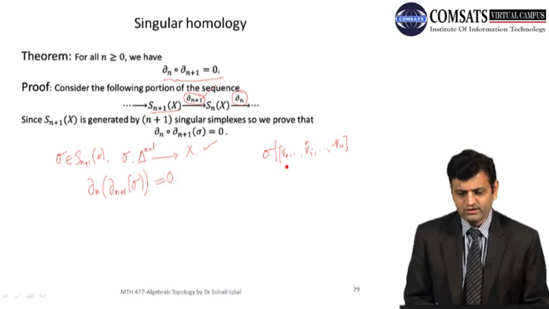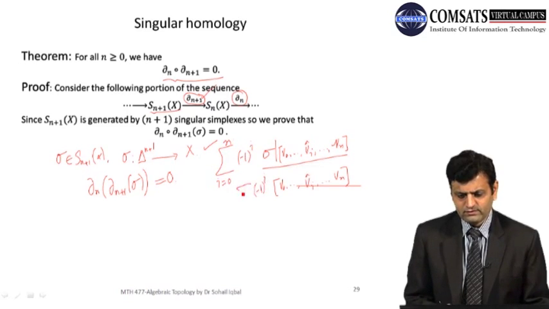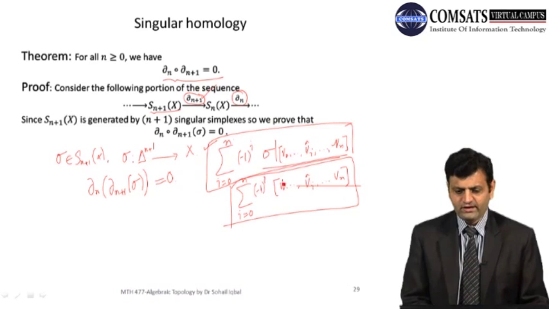Instead, we just used v0 up to vi excluded up to vn, with (-1)^i and summation, where i varies from 0 to n. So in simplicial homology we have the boundary defined like this, and in singular homology we have the boundary defined like this. The only difference is writing down this sigma restricted to this.